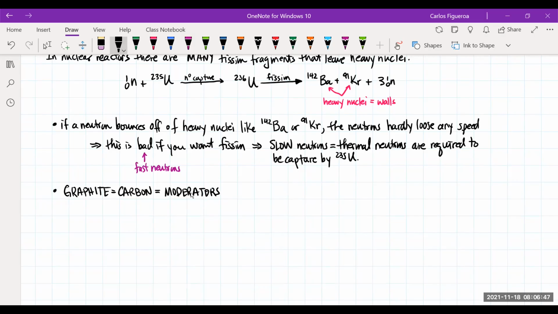And what they do here is that when a neutron bounces off of a carbon atom, it loses considerable speed compared to coming off the big nuclei.